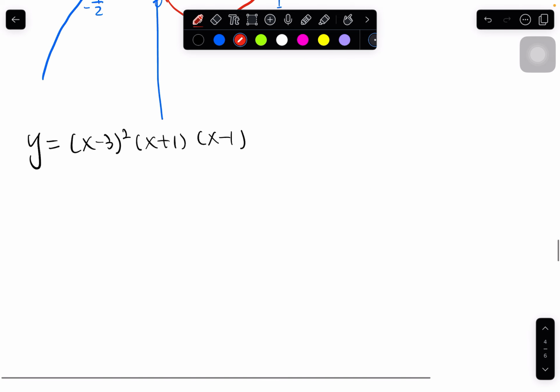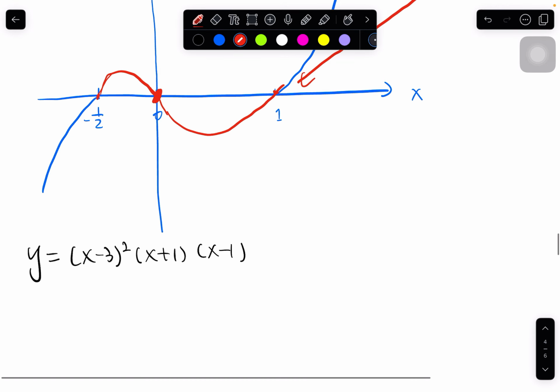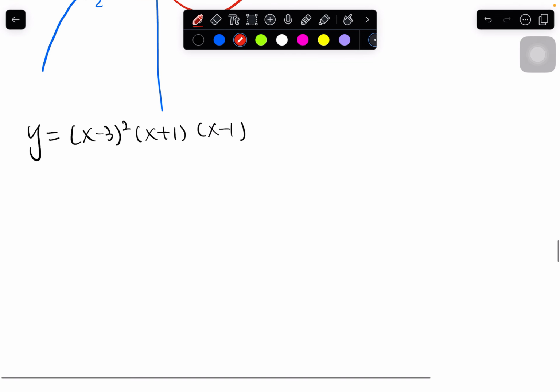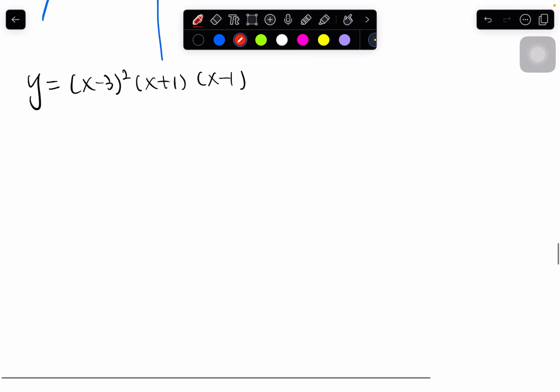Now for the next part, we have a quartic function. A quartic function is a little bit different. So now the leading term is x to the power 4, and the leading coefficient here is 1.